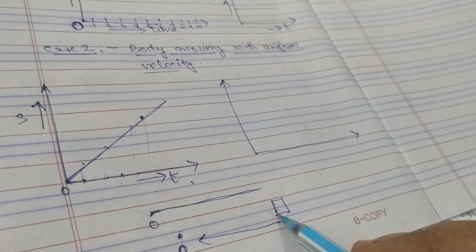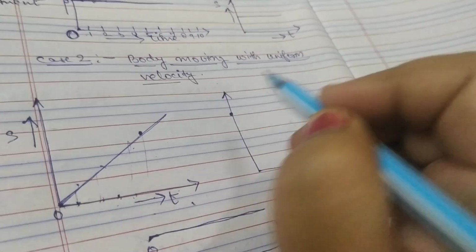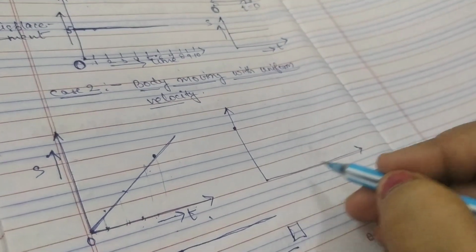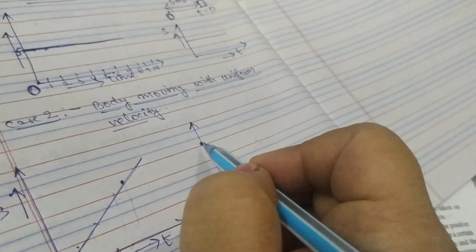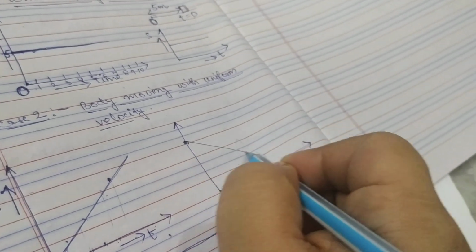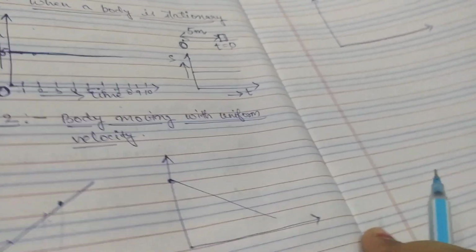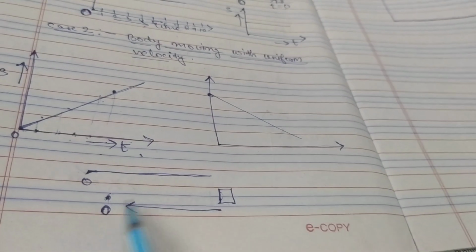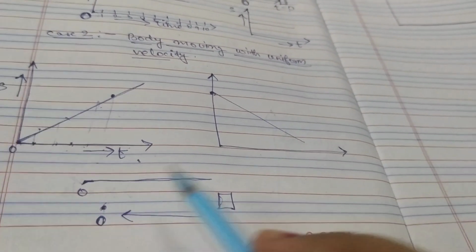So initially the displacement was something very high. Say this was the displacement initially. As the time is increasing, the displacement from the origin is decreasing. So what will happen? This type of line we will get.